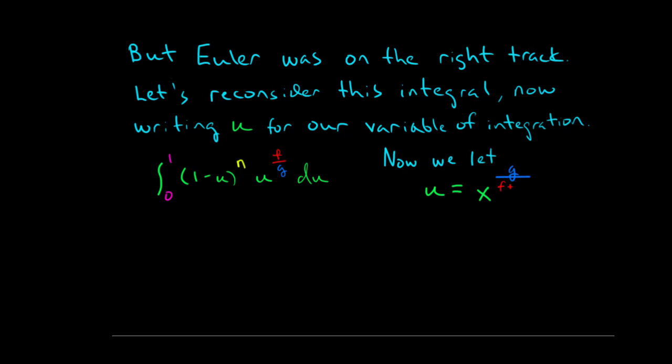It shouldn't be intuitively obvious why we're doing that, but it will simplify things tremendously. du/dx then will equal g over (f plus g) times x to the (g over (f plus g) minus 1) in the exponent there. Let me put parentheses around that exponent.